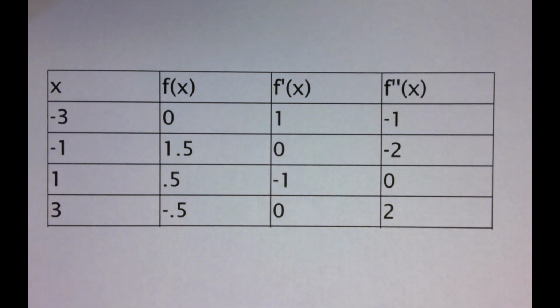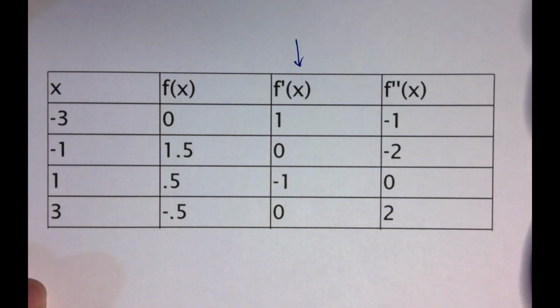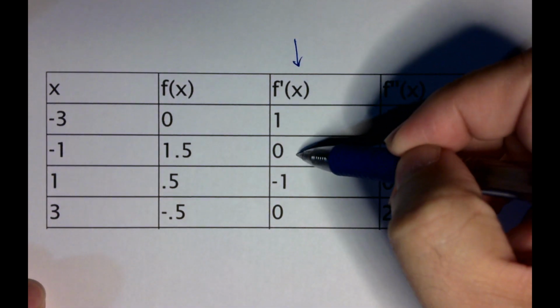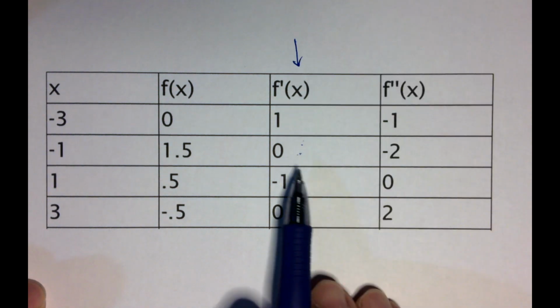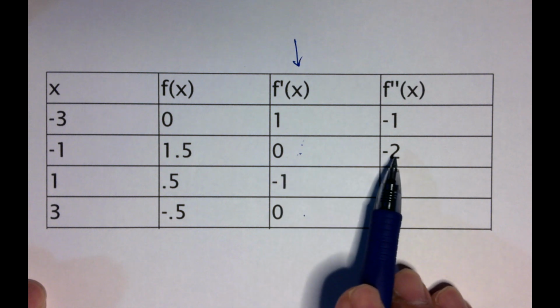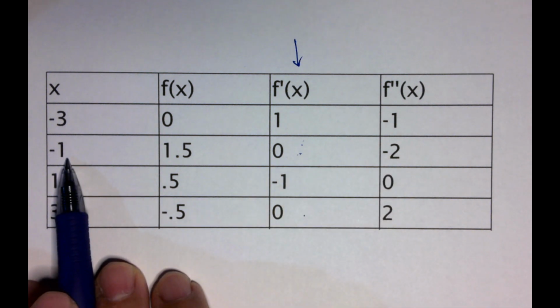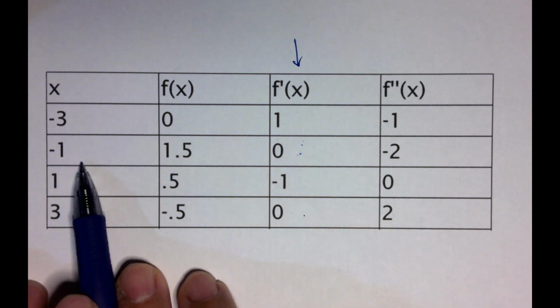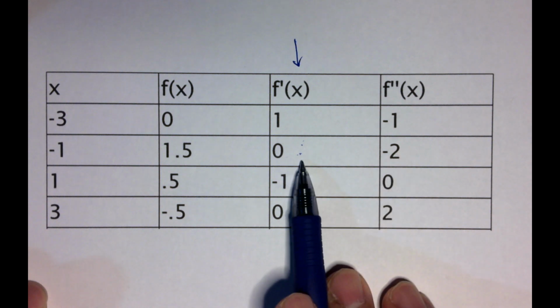So how do we identify the maxes and mins? Well, first of all, we look at the first derivative where it is 0 or undefined. We've got two values where it's 0. So I'm using the second derivative test. I look at the second derivative value. At x equals -1, the first derivative is 0, so x equals -1 is a critical number, and the second derivative is negative, therefore this is a max.